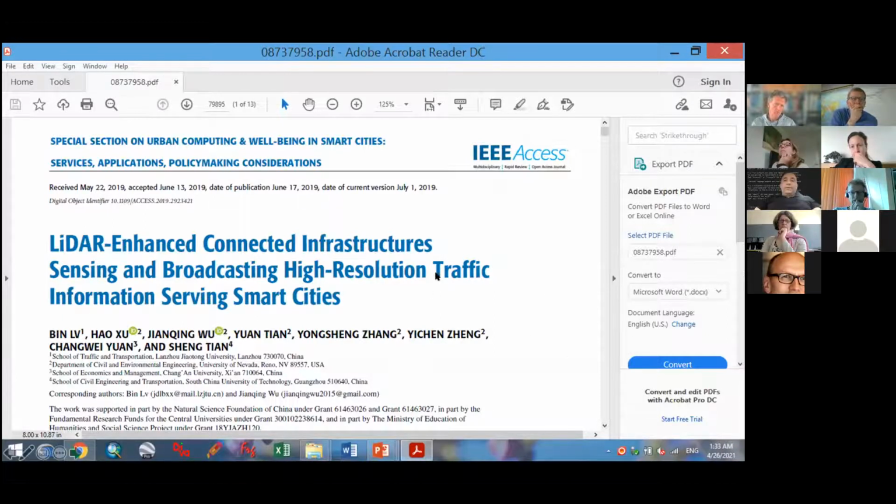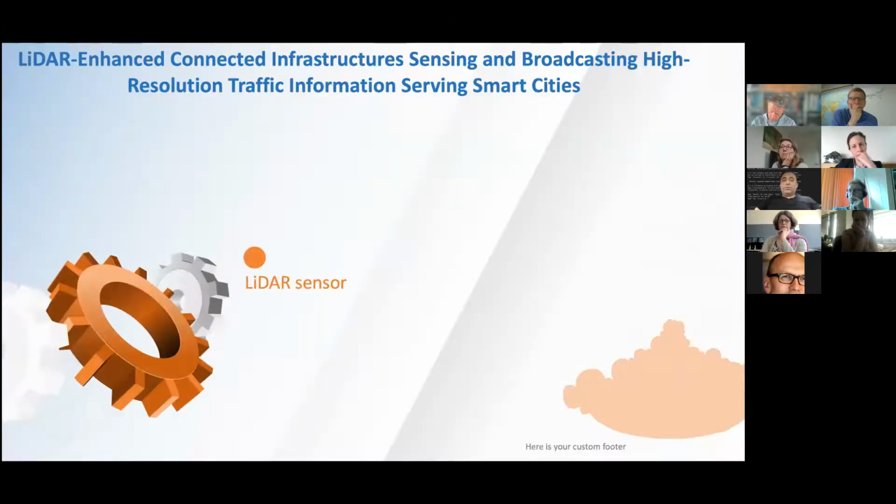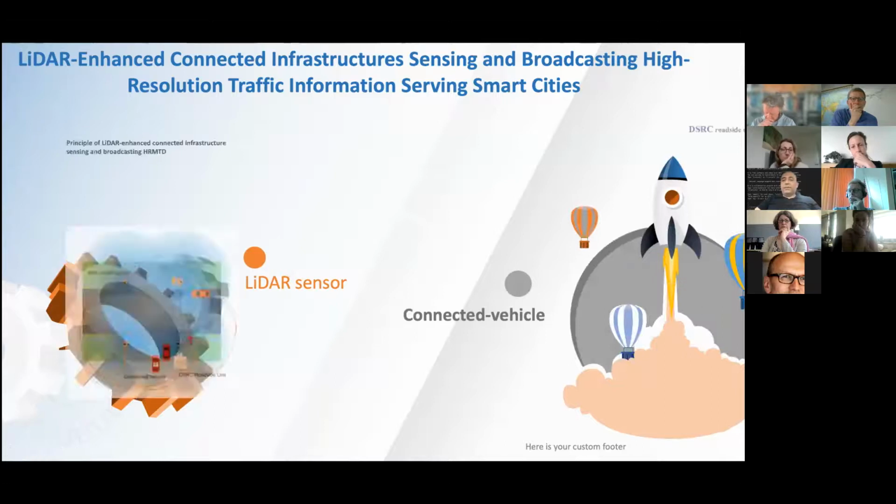We have other applications. Because of the time, I tried to just pass it quickly, but it shows some capacity of technologies like LiDAR, for example, for traffic systems, how connected infrastructure sensing can provide high resolution traffic information in smart cities. It's based on LiDAR technology, as I mentioned, which is so influential, and the connected vehicles.